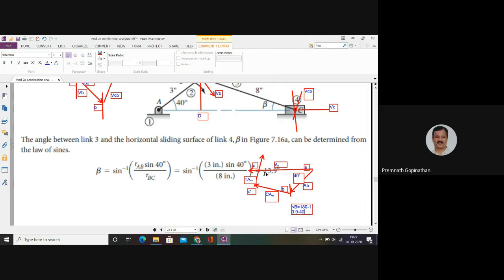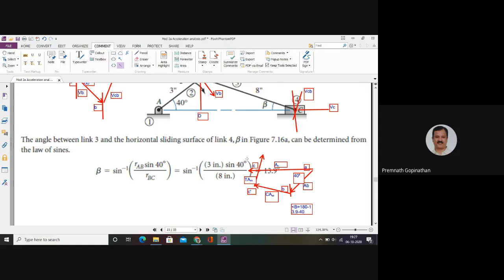So this will be equal to 90 plus 13.9. Sorry, because if I draw a perpendicular here, you can very well identify it by yourself. It just takes a little bit of time. So, to closely analyze it and find the angle: the angle between the vertical and the vector perpendicular to BC will give you beta itself. So this is actually 90 degrees. So 90 plus 13.9 will give you the counter angle at C.